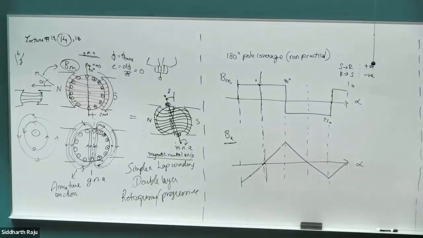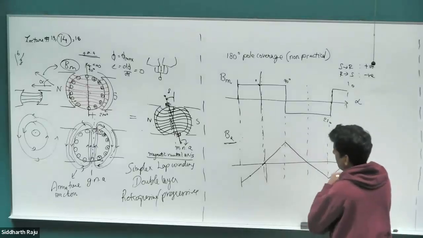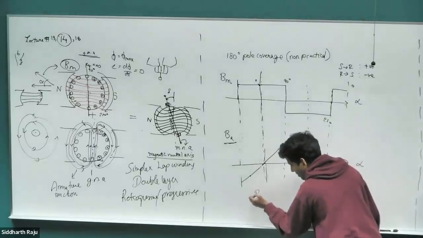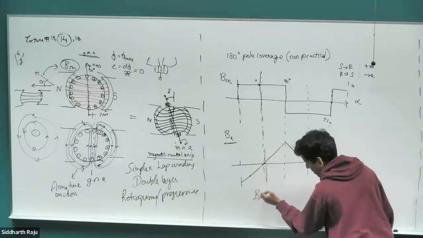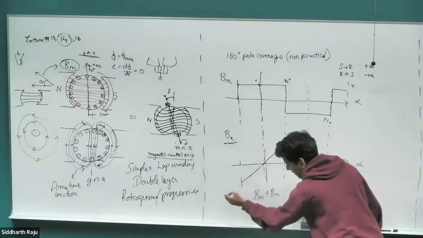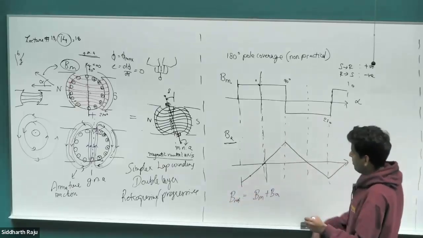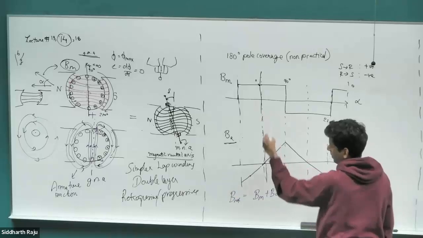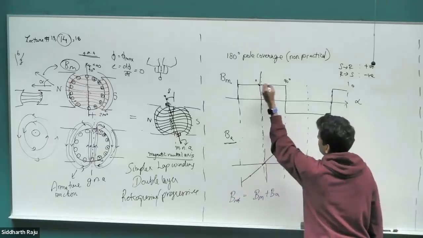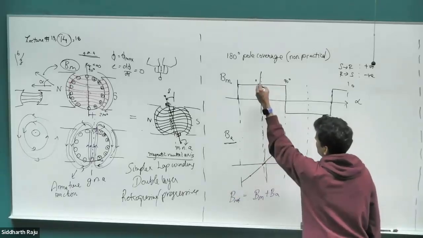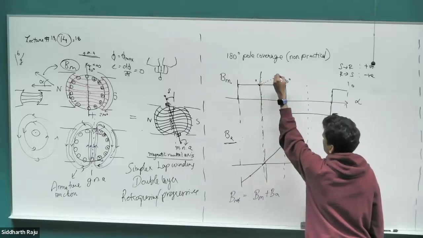What I'm going to be drawing is the summation, so purple is the summation of BA plus BM, assuming the superposition applies, which it doesn't in reality. So if there is no saturation, go ahead and apply superposition. So we are going to add this and this together. So this black waveform plus the second black waveform is going to add up.